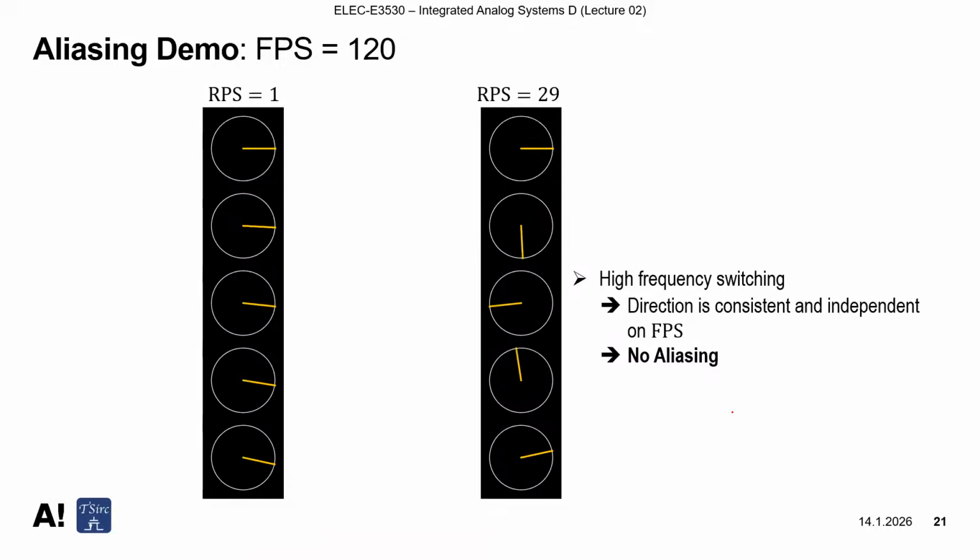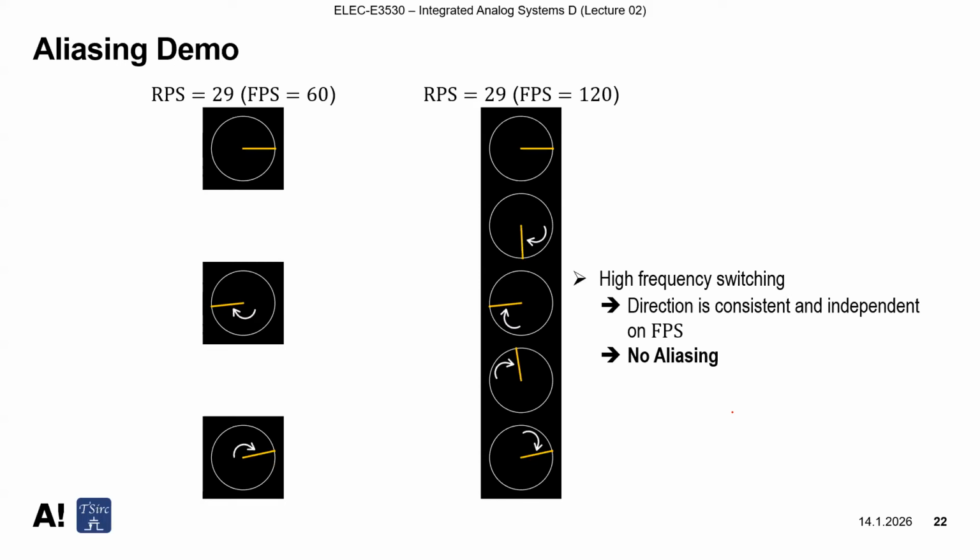And when we increase the frame rate to 120, the high frequency switching is still there. Now it has 4 points, 4 points are pointing out, and the direction is consistent, and it is independent of the sampling rate. So there is no aliasing.